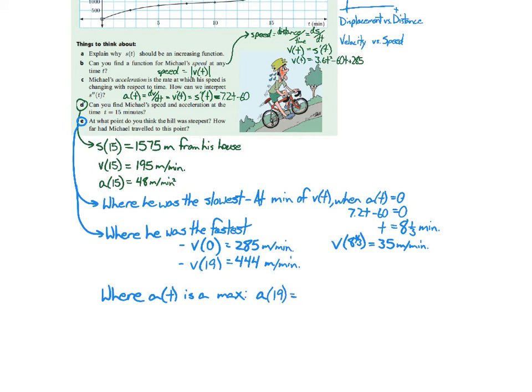So the acceleration at time equals 19 would be, let's see, 144, 142.8 minus 60, so 82.8. Is that right? 7.2 times 19 minus 60. 76.8.